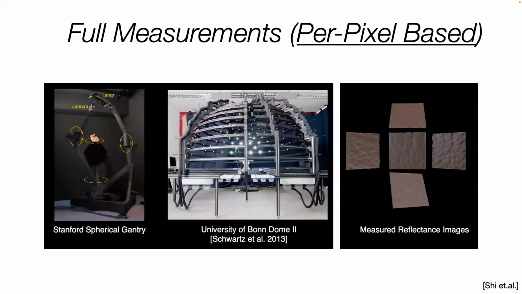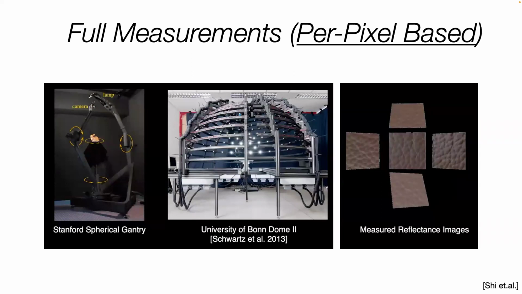So for the full measure per pixel basis, these are two examples of this apparatus. This one is the Stanford spherical gantry that can be used to collect material patches or material for real objects. This gantry is similar to the design that I showed before schematically, because you have a lamp that moves around this arc, and this table rotates, and then there's the camera that moves around another arc, and so everything rotates.